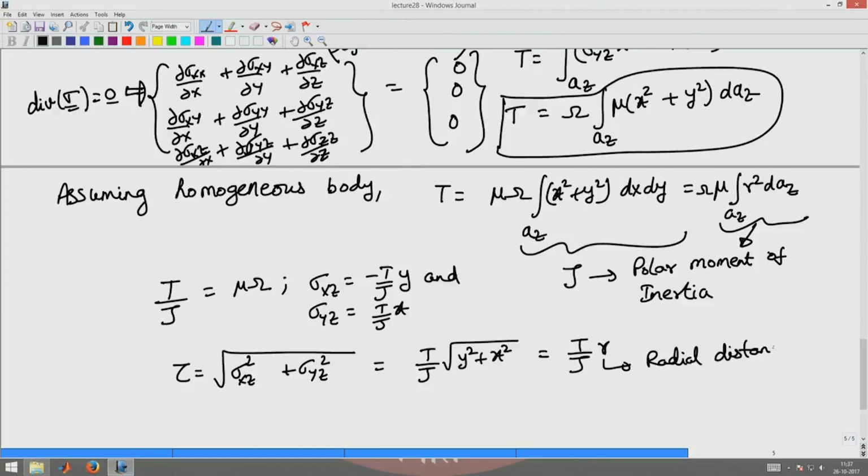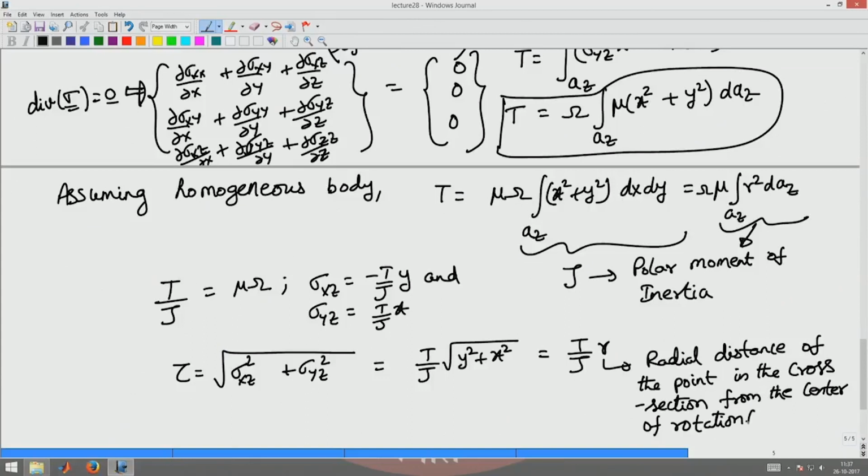distance of the point in the cross section from the center of rotation, which is usually the CG of the cross section.